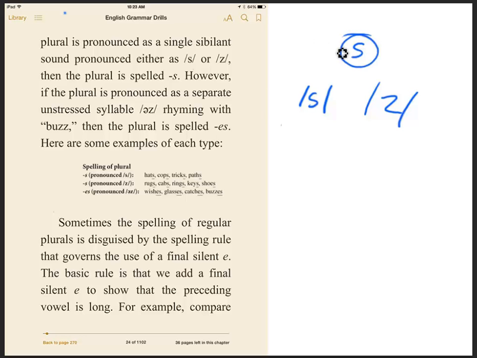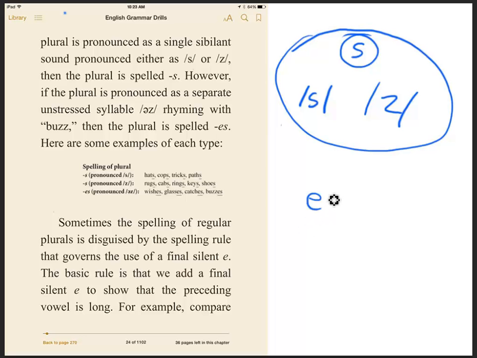They're just pronounced differently. The other type of sound that you hear is an "iz" sound, like buzzes, and the ending is spelled ES. Okay, that's how you pluralize it.